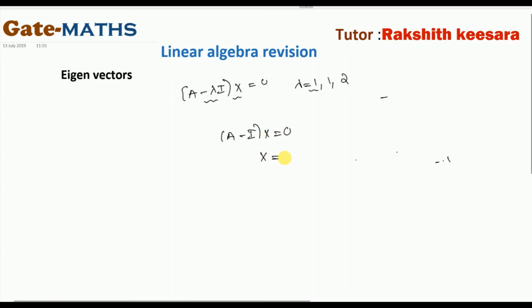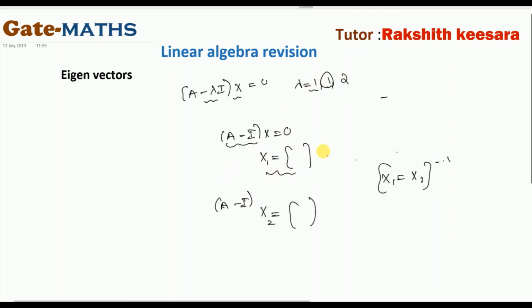You will get the value of x. If you substitute the other value of λ, that is 1, you will get the other value of x. Let this be x1, let this be x2. x1 will be equal to x2, right? Why? Here also A - I will be there, because λ is equal to 1.